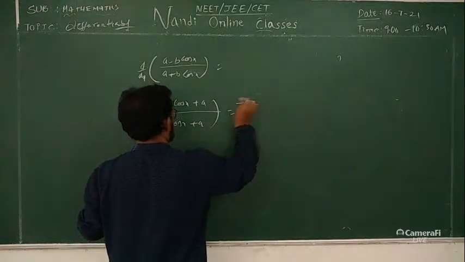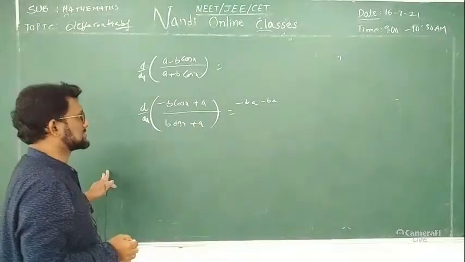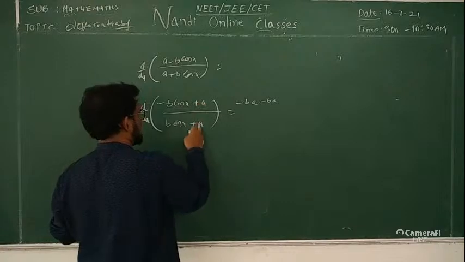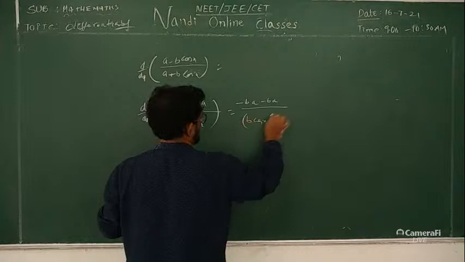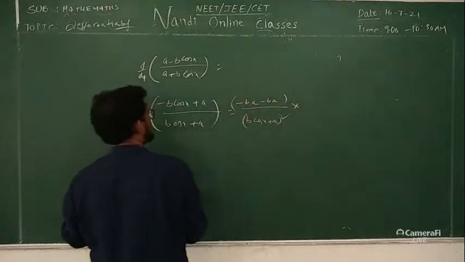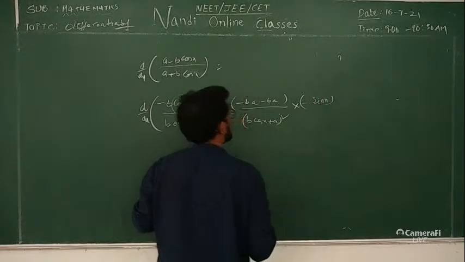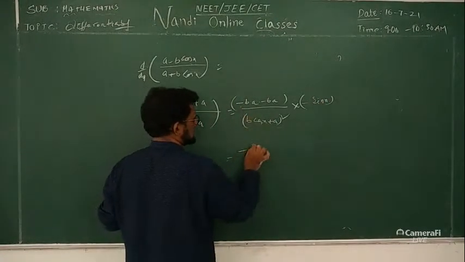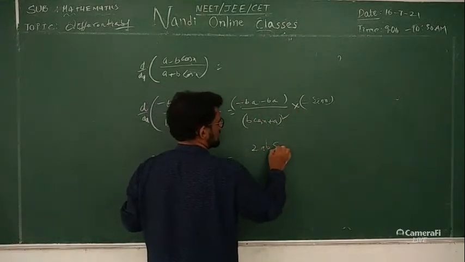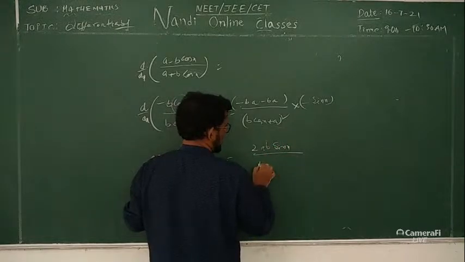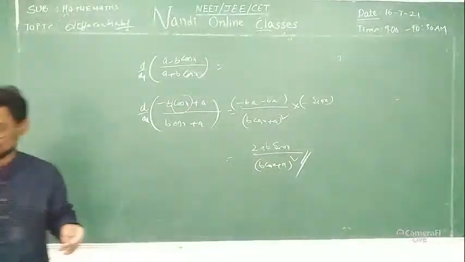Minus BA minus BA, that is minus BA divided by denominator square, into derivative of cos x, minus sin x. So your result is minus of, just like, 2ab into sin x by (b cos x plus a) whole square is the answer.